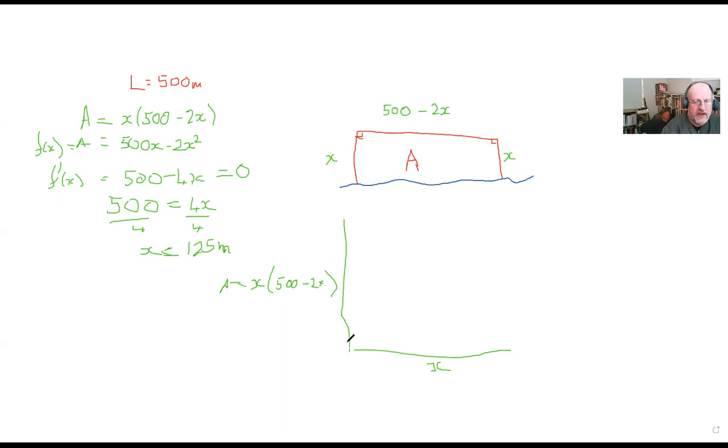If you plot that, you end up with a nice upside down parabola, which goes from 0 to 250, and the highest point will be 125. So it's nice to cross-check that our math actually works. But this is a really simple optimization problem.